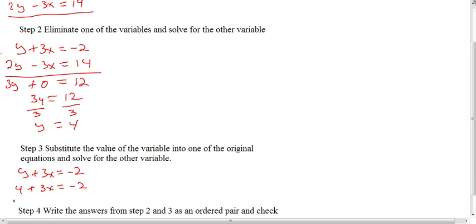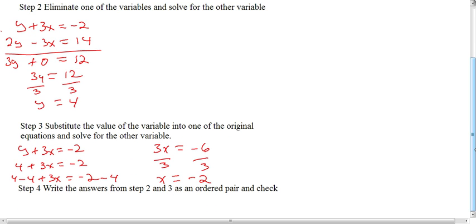We subtract 4 from both sides, so now we have 3x is equal to negative 6. We divide by 3, and that gives us x is equal to negative 2.